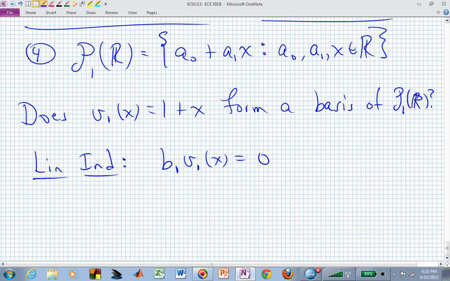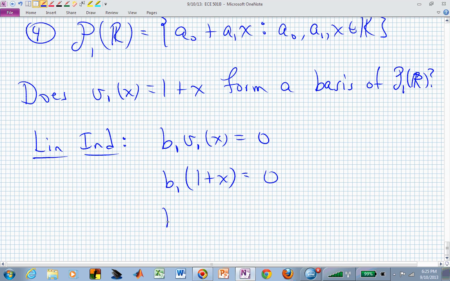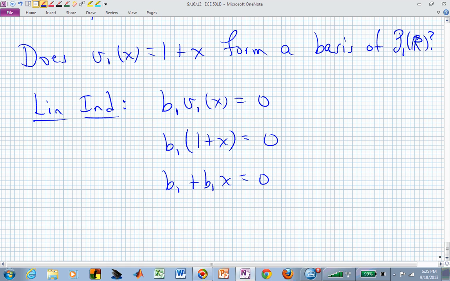And that's only going to be true. So now we have b1 times 1 plus x equals 0, or b1 plus b1 x is equal to 0. And the only time that that's going to be 0 for all x belonging to the field of real numbers is when b1 is equal to 0.